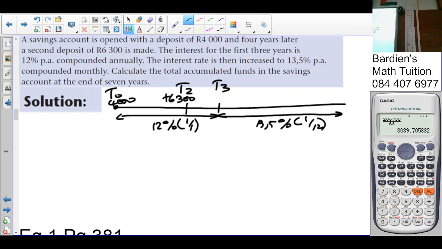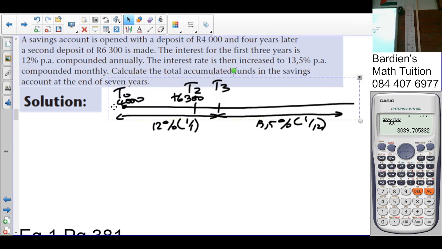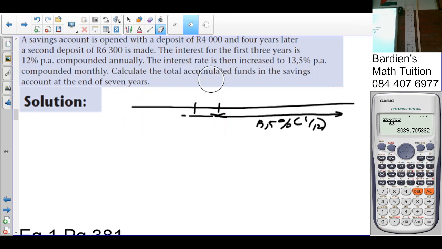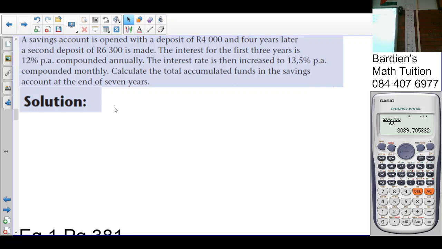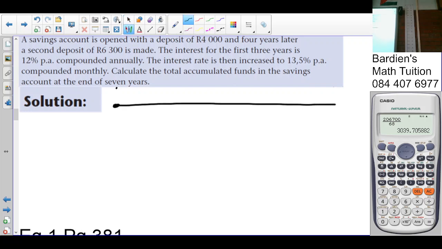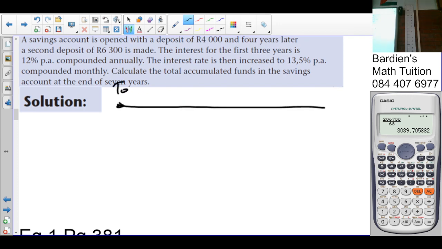Okay, sorry, my mistake, I read it the wrong way. Let's start again. The T0 is 4,000 Rand. 4 years later, a second deposit of 6,300 Rand.